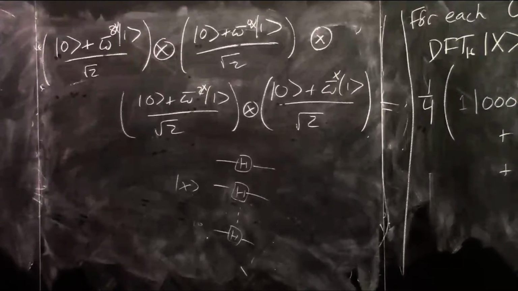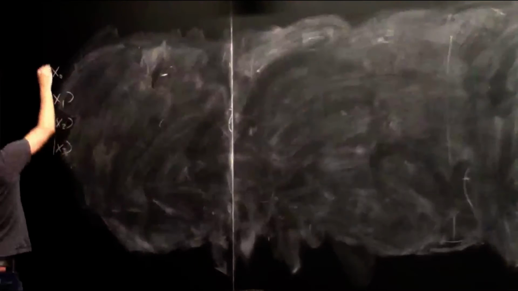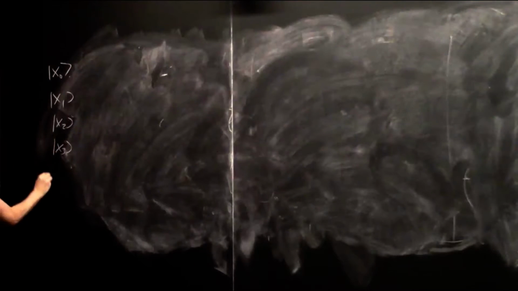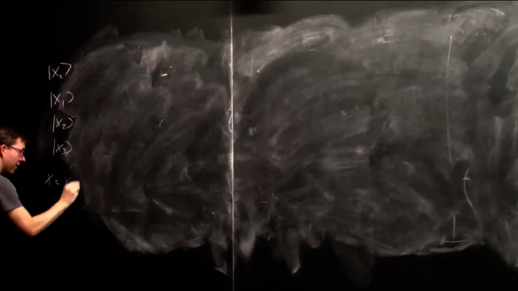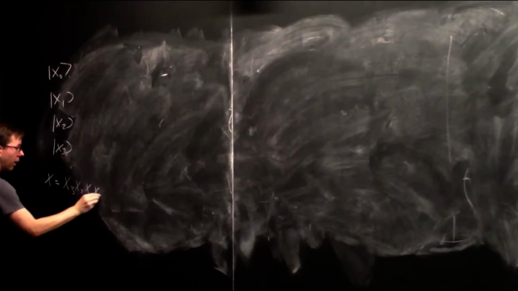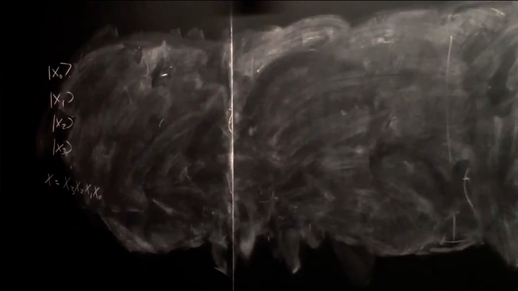Okay, so now I will try to draw the circuit. It's got, in our case, 4 input qubits or wires. And I'm going to think of x as kind of like this. So this is the least significant bit of the integer x. This is the most significant bit of the integer x.